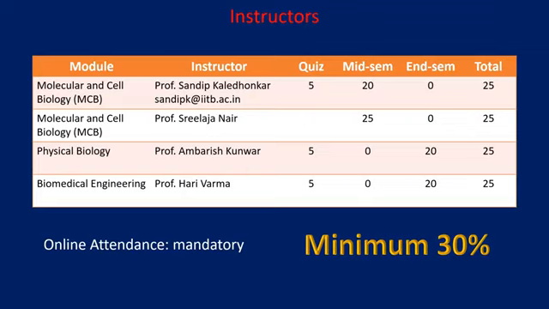So for each instructor the total is 25 marks. In my case, I will have quiz and mid-sem. In Professor Silaja Nayar's case, it will be mid-sem. Professor Amrish Kumar will again have quiz and mid-sem. End-sem. Professor Hari Verma will have quiz and end-sem.